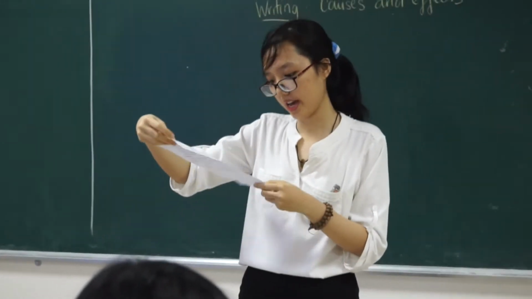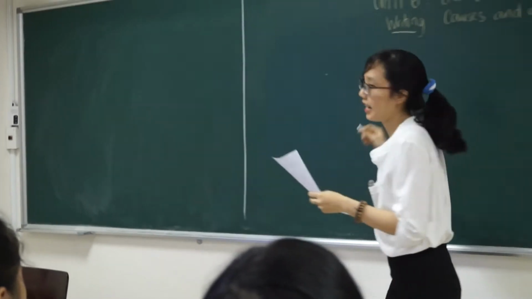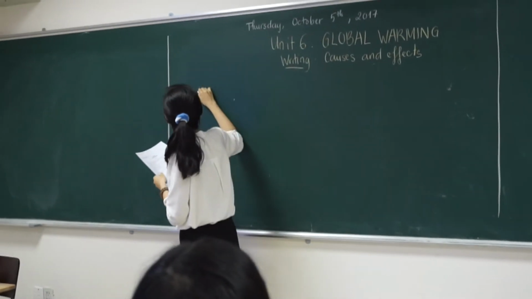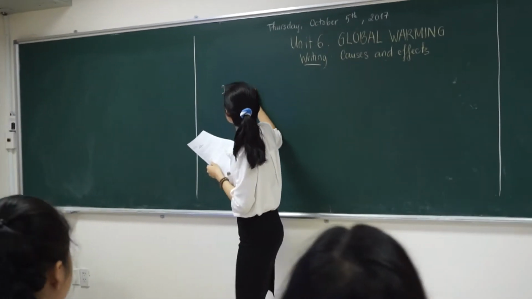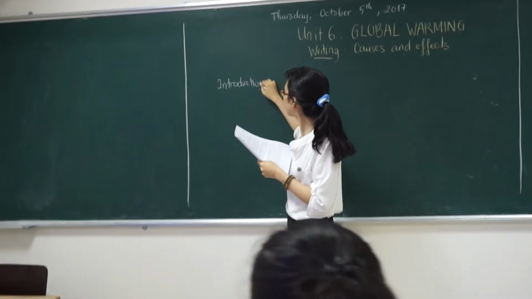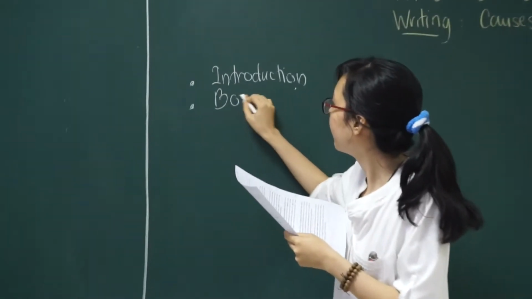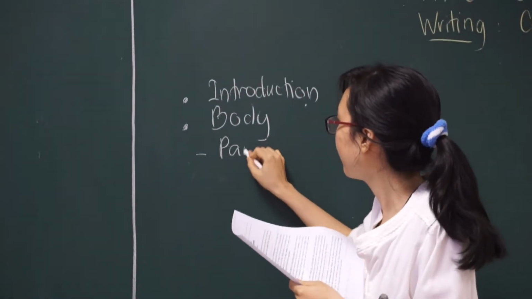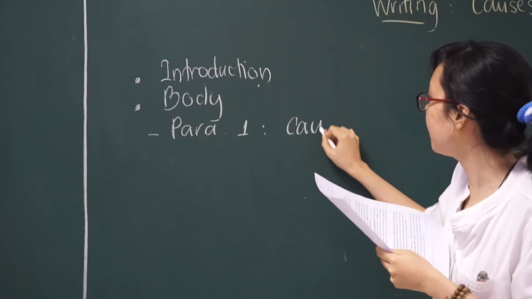Okay, so now in a word, the outline of this model essay is: first, introduction, and then the body. In the body, for the first paragraph, we'll mention the causes.